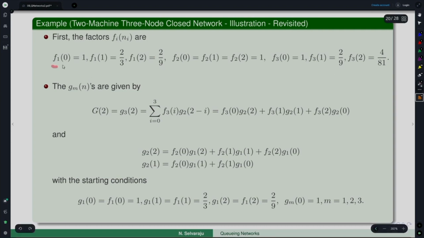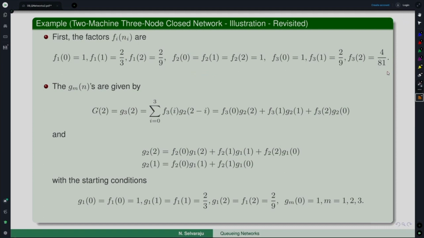So, from there I can obtain f1 of 0, f1 of 1, f1 of 2. This is for the function f1 of n1. Similarly, f2 of 0, f2 of 1, f2 of 2, because 0, 1, 2 are the numbers of customers that are possible here. Now, f3 of 0, f3 of 1, f3 of 2 you can obtain. Once you obtain this, then your algorithm can start.